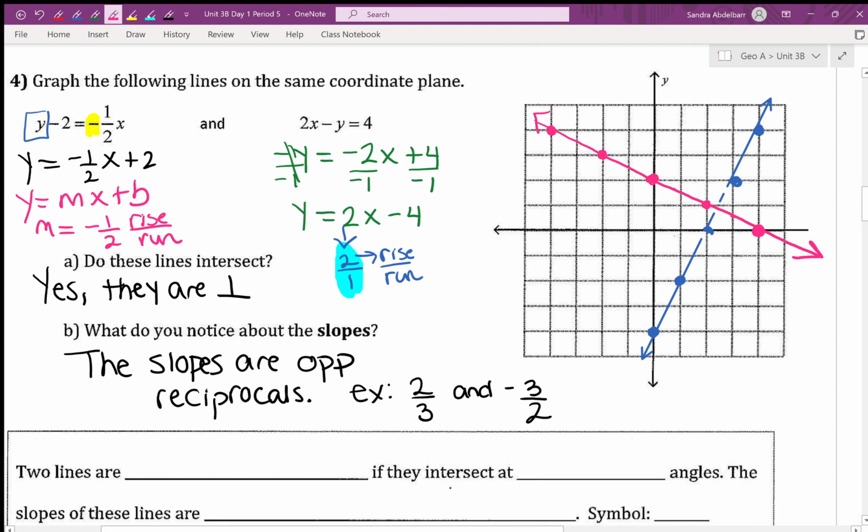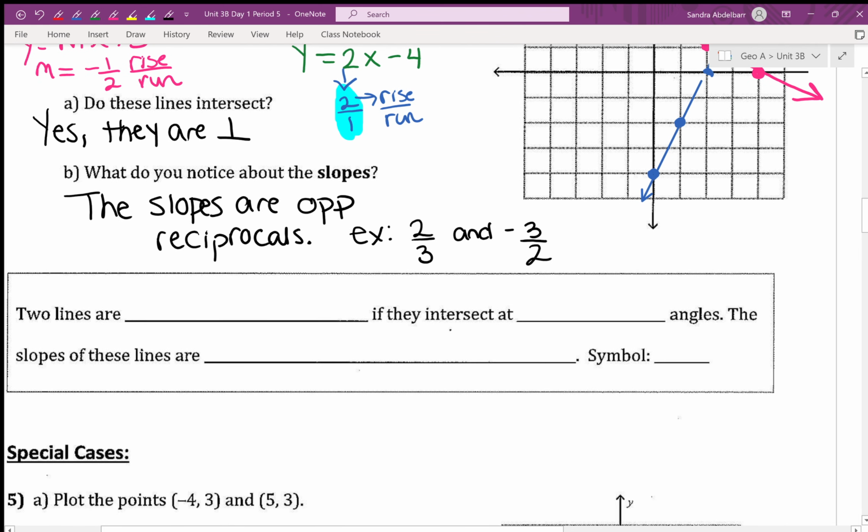Okay, so let's fill this out. Two lines are perpendicular if they intersect at right angles. The slopes of these lines are opposite reciprocals.